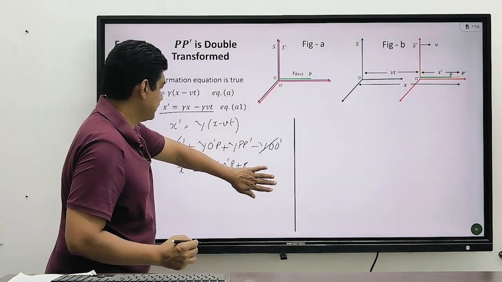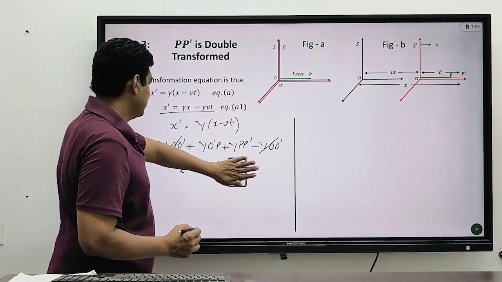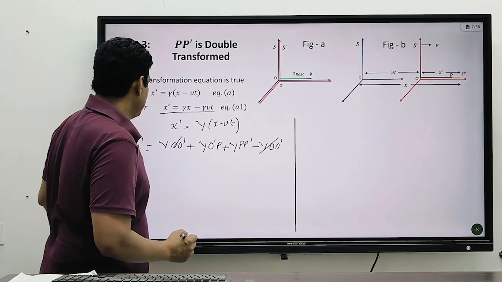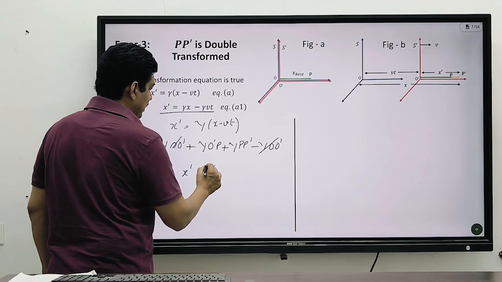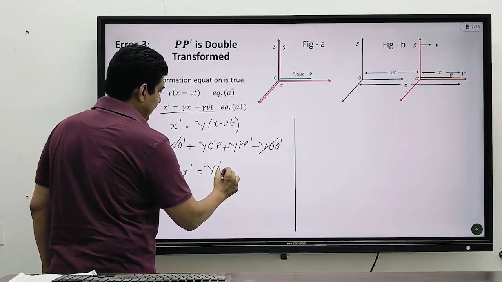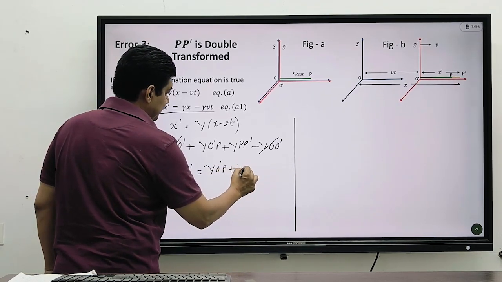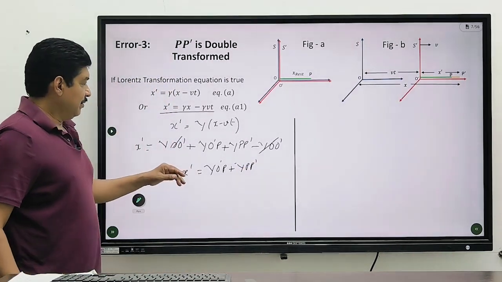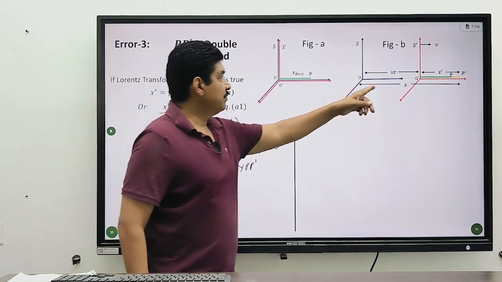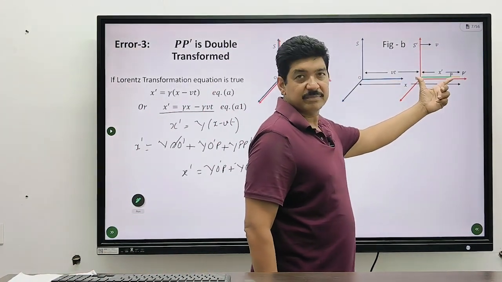I'll not put gamma out because it will give a wrong result. Now see, O prime P is what? O prime P is x rest.